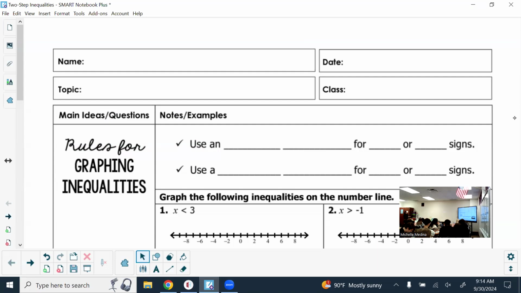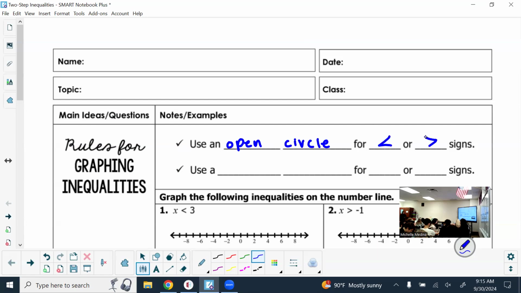For inequalities, you have 4 symbols to pick from. You will use an open circle to graph if you have a less than or greater than sign. You will use a closed circle in graphing your solution if it's less than or equal to or greater than or equal to.